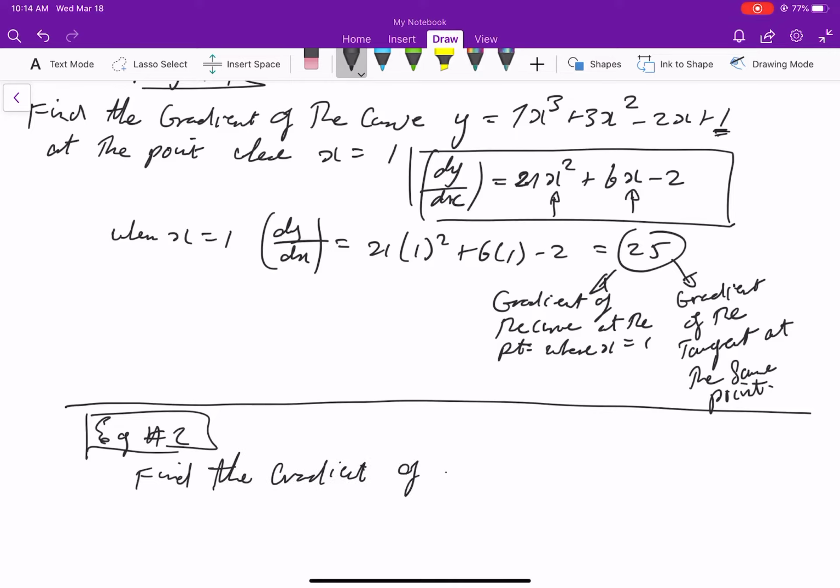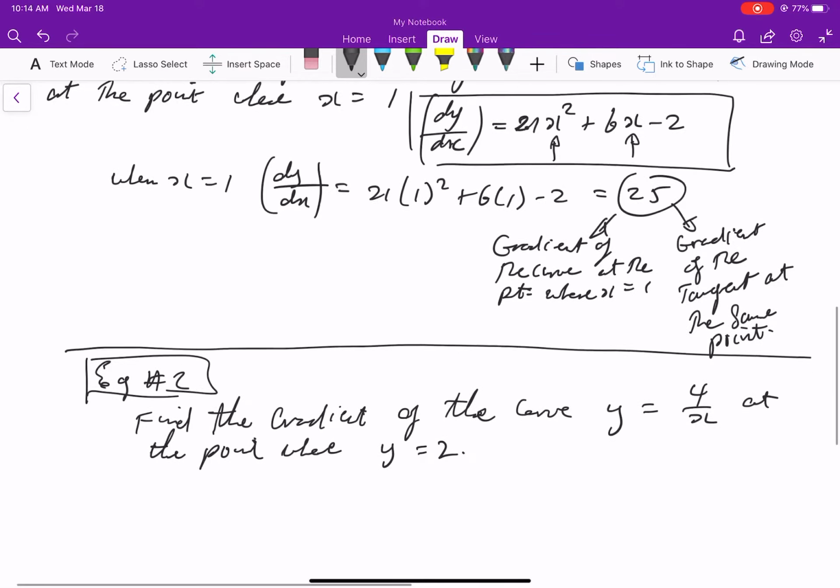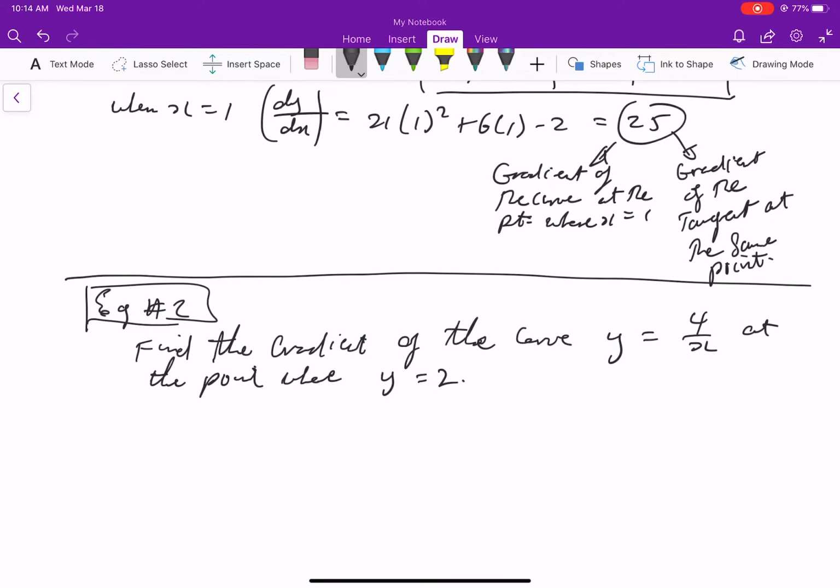Find the gradient of the curve y is equal to 4 upon x at the point where y is equal to 2. I changed this one up on you a little bit. I'm asking for the gradient at the point, and I'm giving you the y coordinate of the point instead.